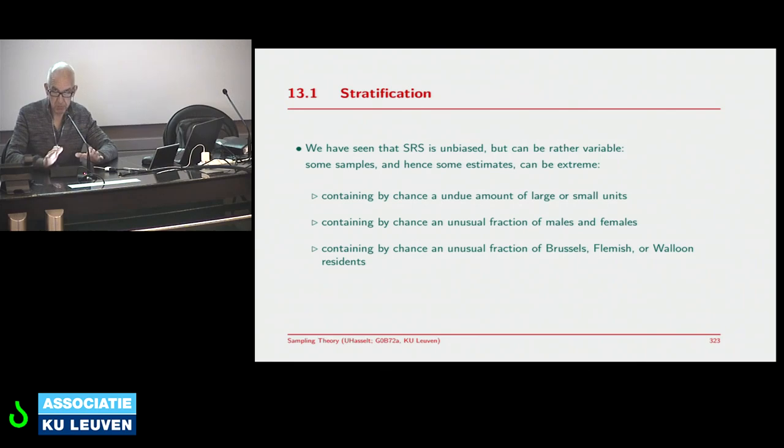It should be clear that we don't do this for bias reduction, because if a sample by accident has more people from Limburg, less from Antwerp, then in the same way it could be the other way around. So across all possible samples, it would still average out to the right quantity. So it's not a matter of bias. But as we've said repeatedly, it's not so much bias versus variance that's of interest to us, it's a combination of the two.